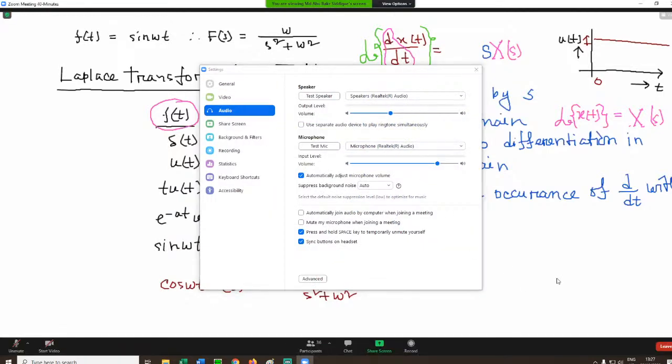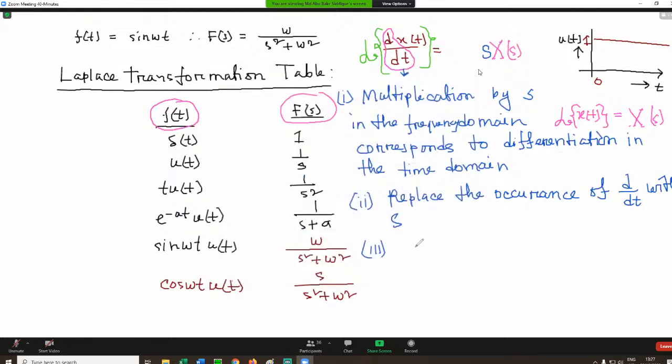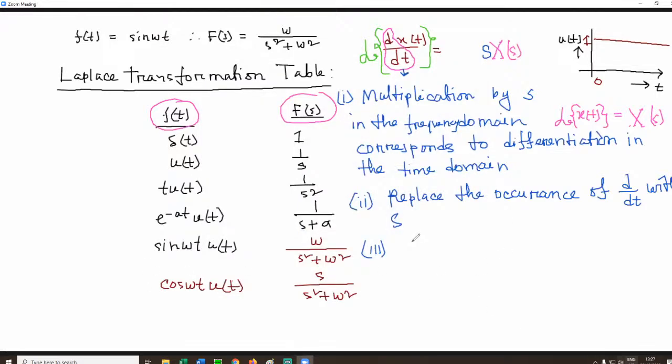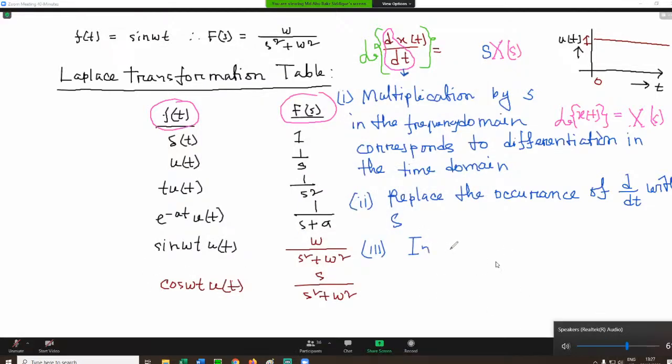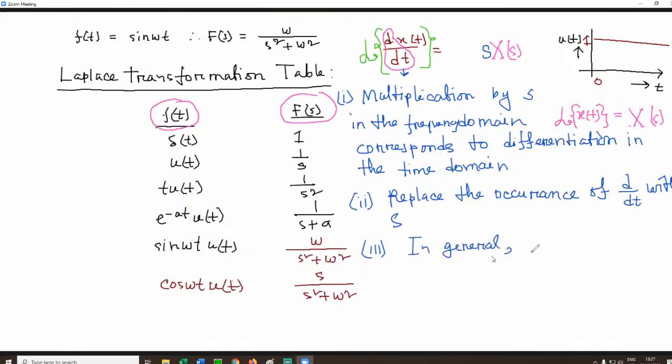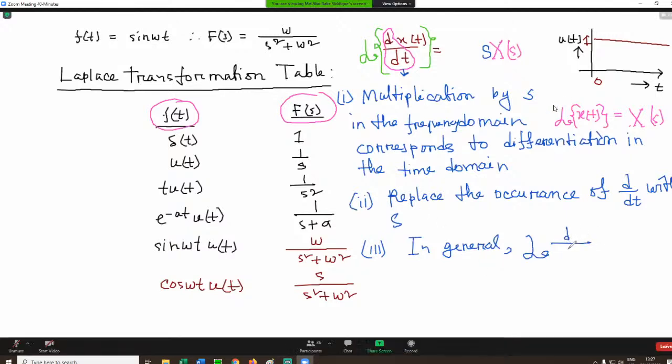What can you say in general terms? In general, you can write the Laplace transformation of d by dt to the power n of x(t) equals what?